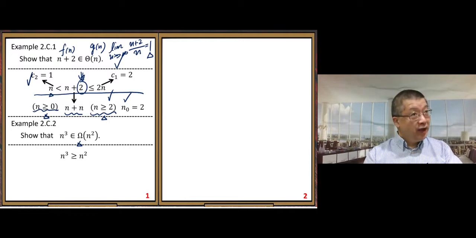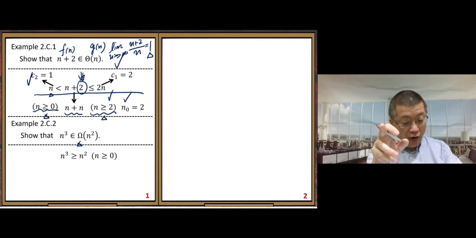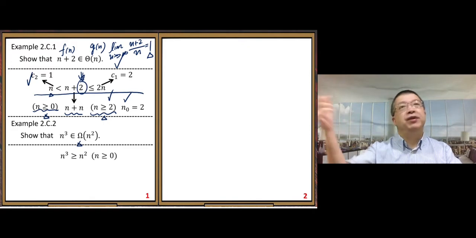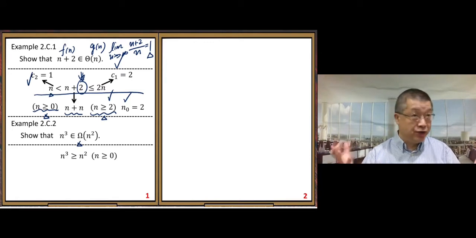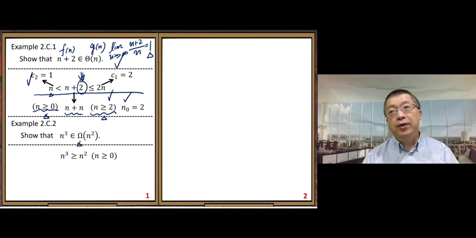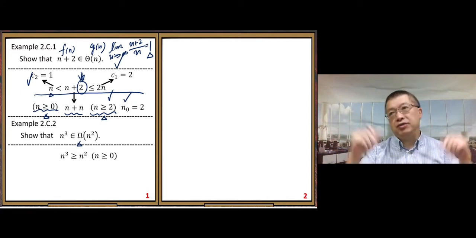We can write n cubed is greater or equal to n squared for n greater or equal to 0. At 0 they are equal, at n equal to 1 also equal. When n is greater than 1, n cubed is strictly greater than n squared.